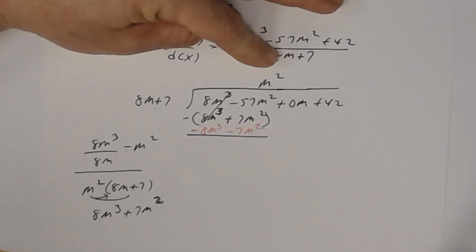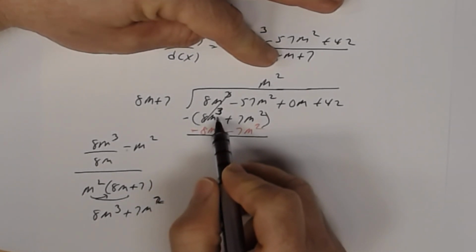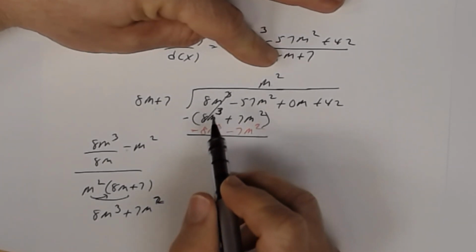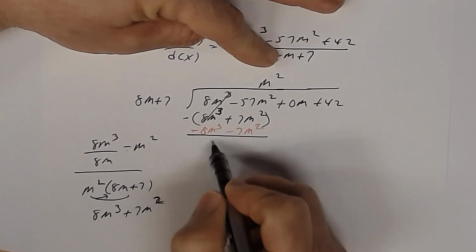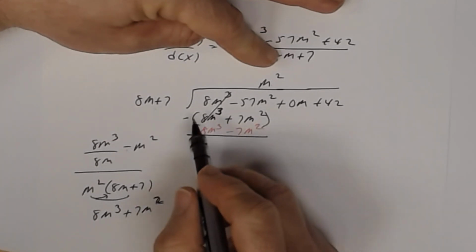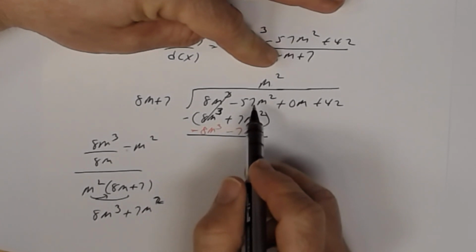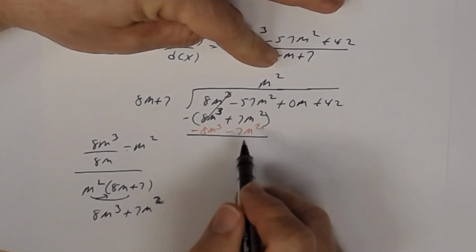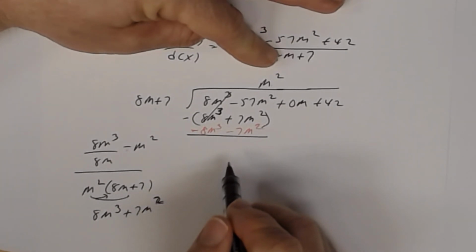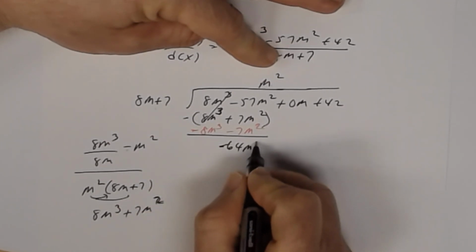So 8m cubed minus 8m cubed is the same as 8m cubed plus a negative 8m cubed, which is 0. Negative 57m squared subtract 7m squared is the same as negative 57m squared and a negative 7m squared, which is negative 64m squared.